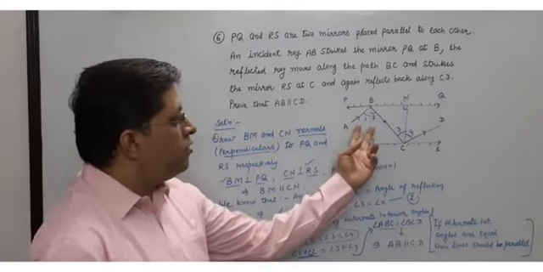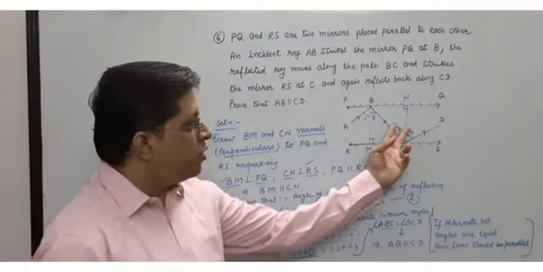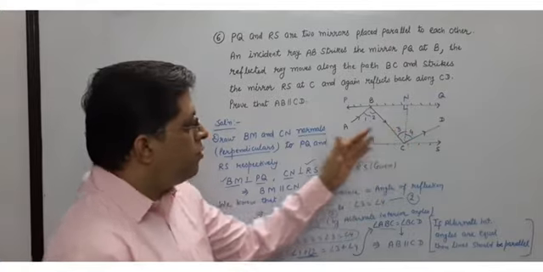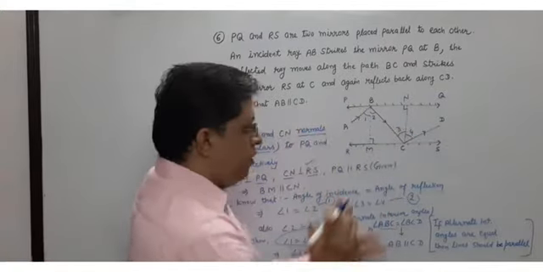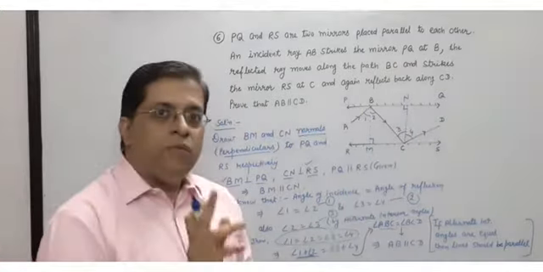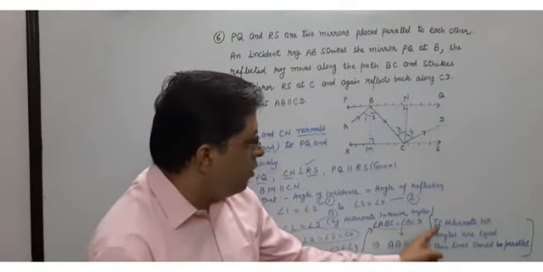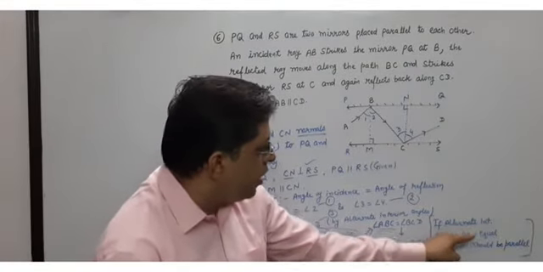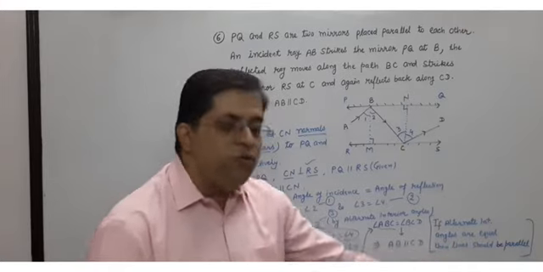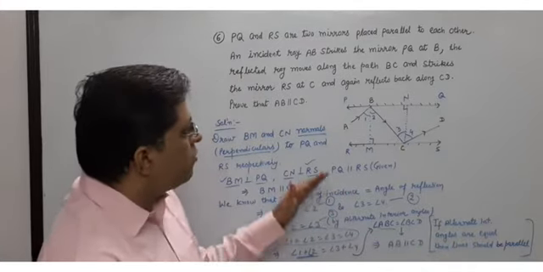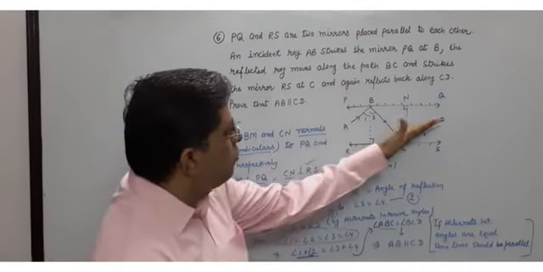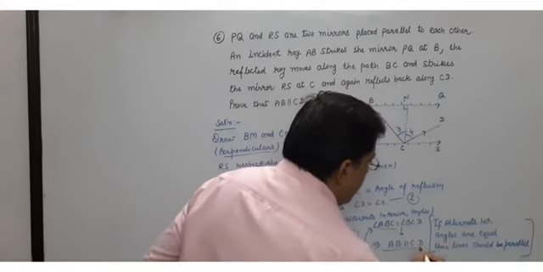If these two angles are equal, then what can I say? These lines should be parallel. If alternate interior angles are equal, then lines should be parallel. So we can say AB is parallel to CD. This is the proof of this.